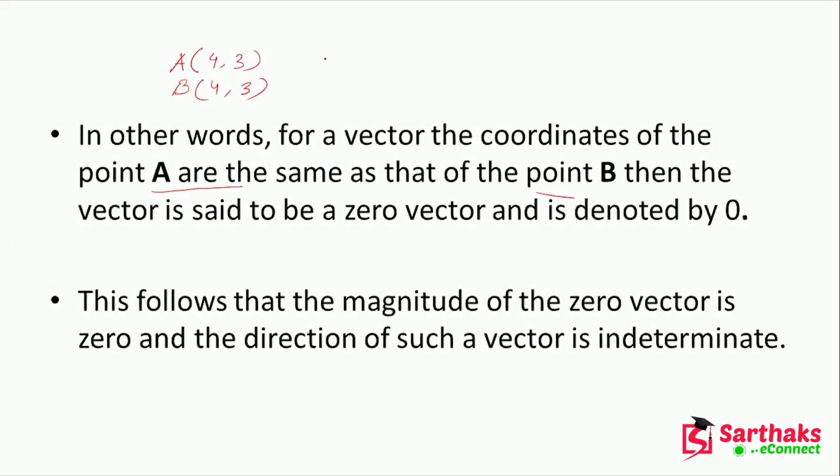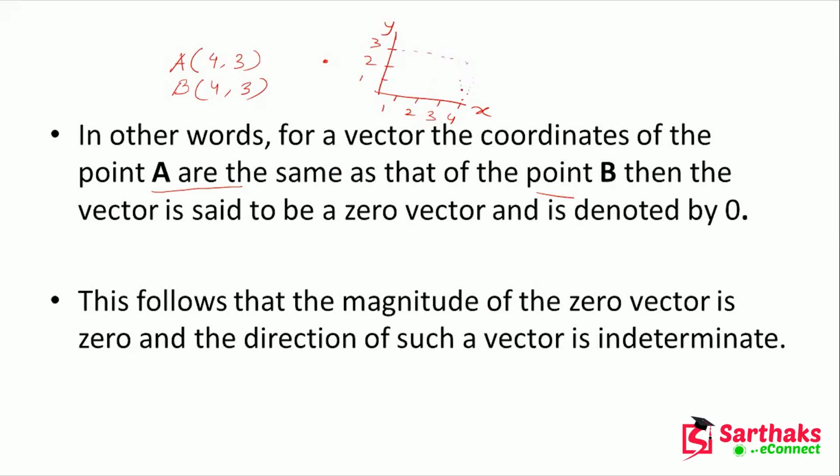That means the same point, if this is the X axis and this one is your Y axis. So suppose this is 1, 2, 3, 4, and this one is 1, 2, 3.